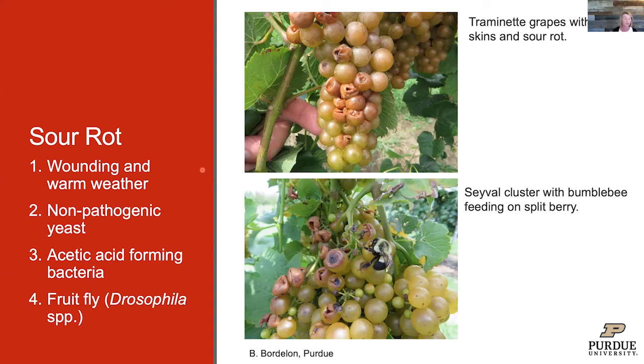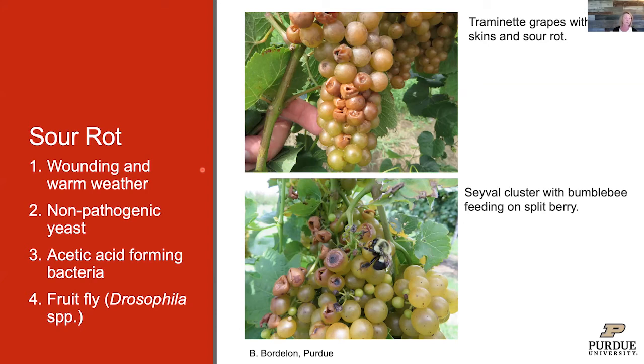There are 2 microorganisms or microbes that play a role in it. There's non-pathogenic yeast, and these are the yeasts that are generally there that you want there for the fermentation process. And then there's also acetic acid forming bacteria. These acetic acid forming bacteria allow you to diagnose it fairly easily in the field, because you'll go out to the field and it'll be very sour smelling, a vinegar-like smell associated with the grapes.